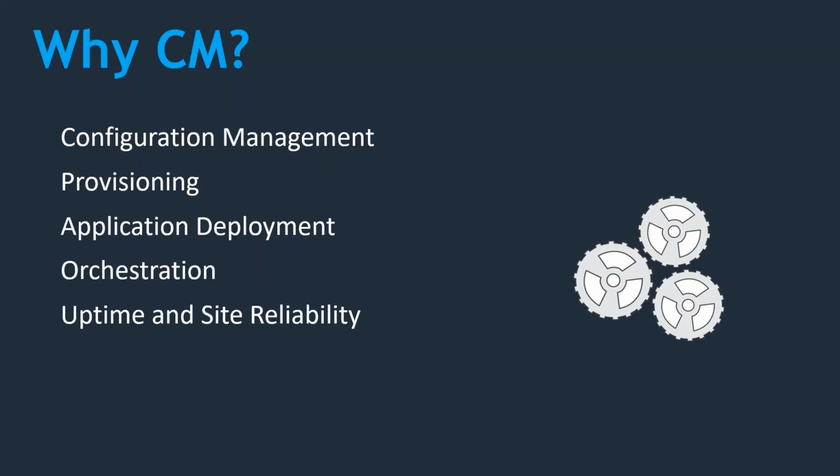Either it could be a human error or something else, but 70% of the outages are caused by change. The remaining 30% may be hardware issues or some bugs or application-related issues, maybe performance issues, but 70% is due to changes.